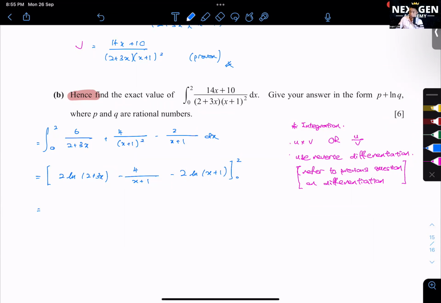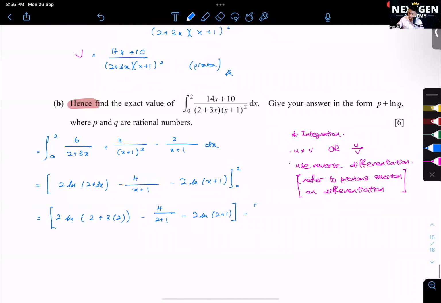No worries, Harish. So 2 ln, then bracket 2 plus 3 times 2, then minus 4 over 2 plus 1. We sub in. Minus 2 ln(2 plus 1). Minus, sub in 0: 2 ln(2 plus 3 times 0) minus 4 over 0 plus 1 minus 2 ln(0 plus 1).